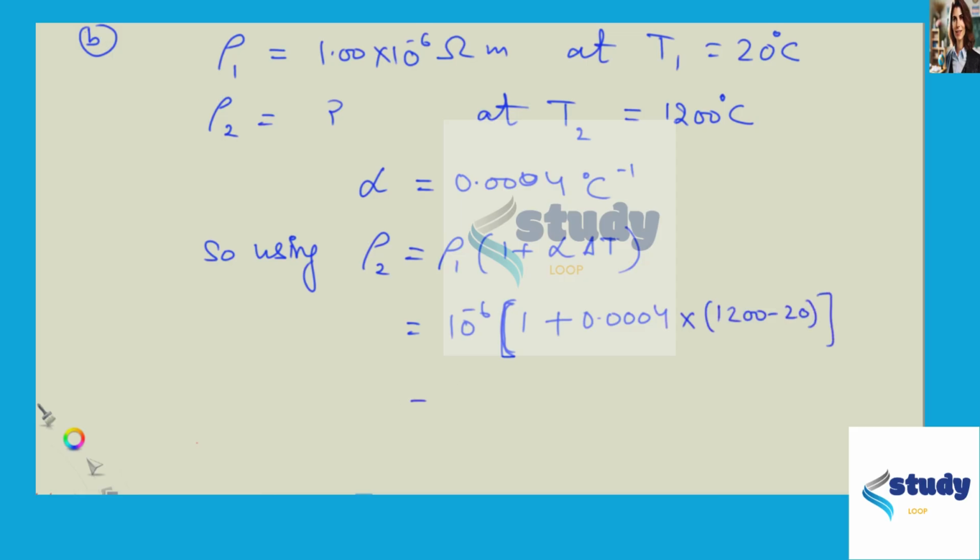So finally here this resistivity now comes out to be 1.472 into 10 to the power minus 6 ohm into meter.